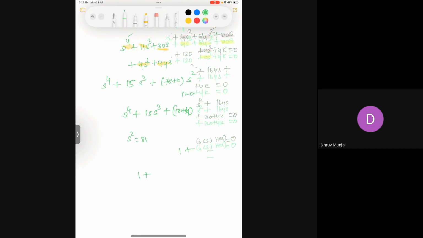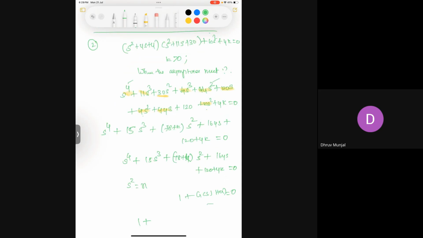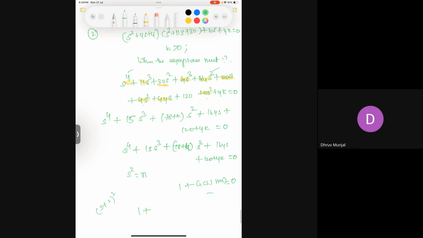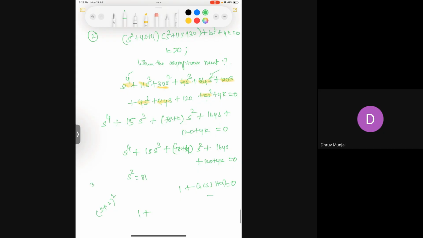So this will become common denominator. If you take this, s square can be s plus 2 the whole square. This will be 30. If you do, it will give you 11, 5 and 6.